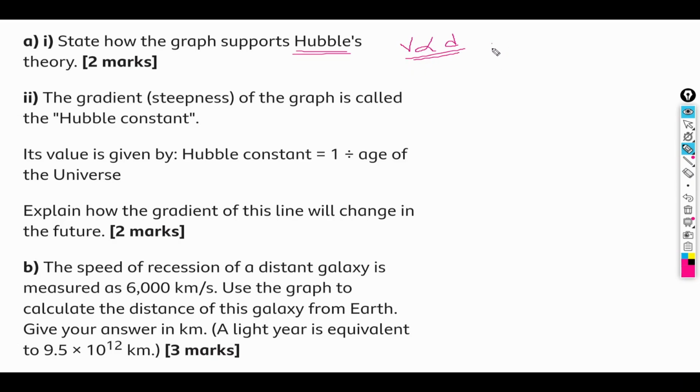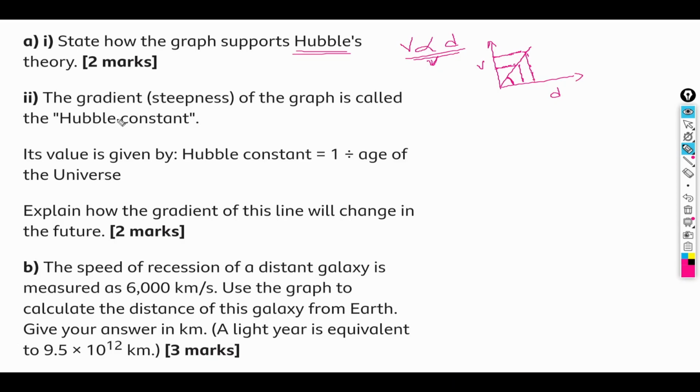So if you look at the graph, it is a directly proportional graph. On this axis there is the velocity, and on this axis there is the distance, and this is the slope. If you plot a line parallel to the y-axis and a line parallel to the x-axis, it is directly proportional. So it validates Hubble's theory.